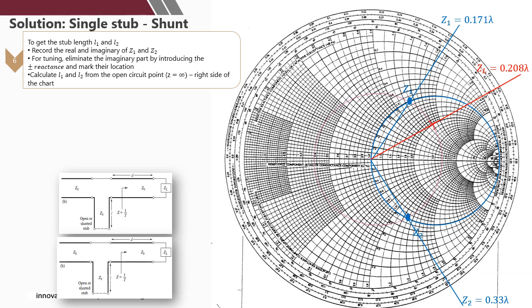Okay, so to get the L, first you need to record the position of Z1 and Z2. So Z1 is 1 plus J1.3, and then Z2 is 1 minus J1.3. So to eliminate this first component, you need to introduce minus J1.3. So minus J1.3 will be at the bottom here.